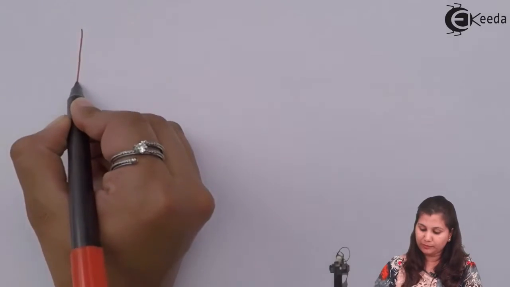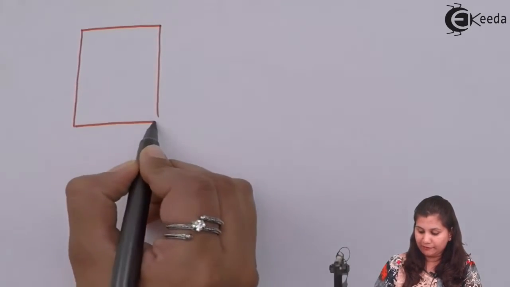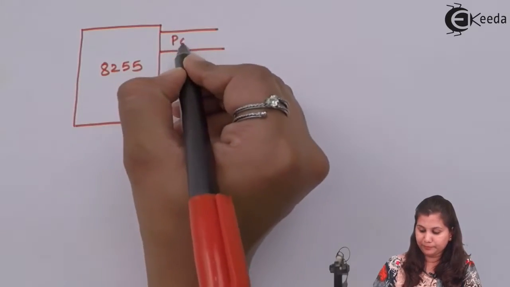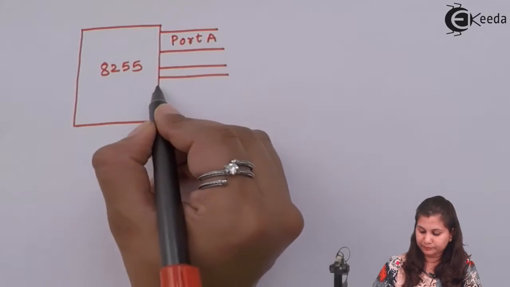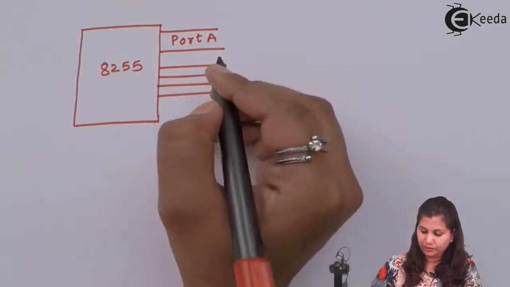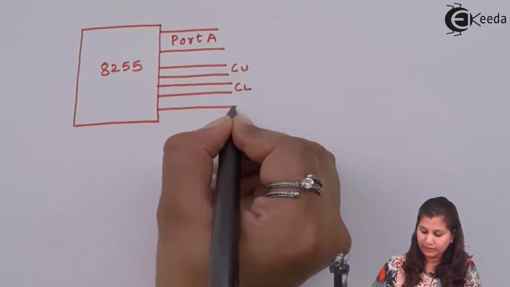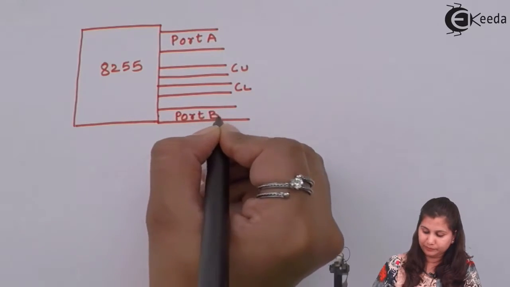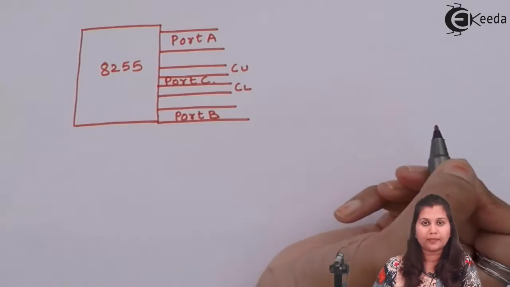So if we draw the diagram for it, how we can describe the ports, we will have 8255, port A, this is C upper, C lower, and then port B. This is port C. Okay.